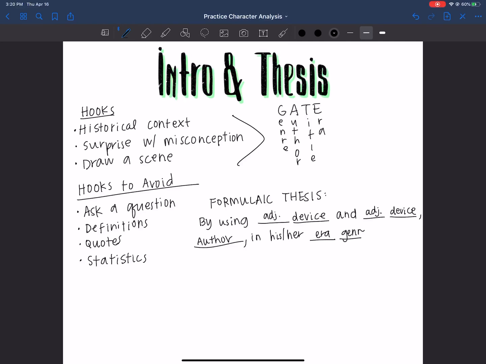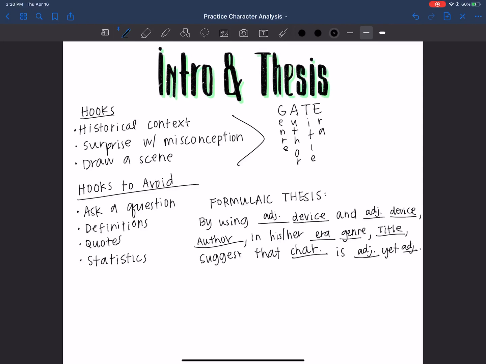genre, title, suggests that character is blank adjective yet adjective, or adjective and adjective, something like that.